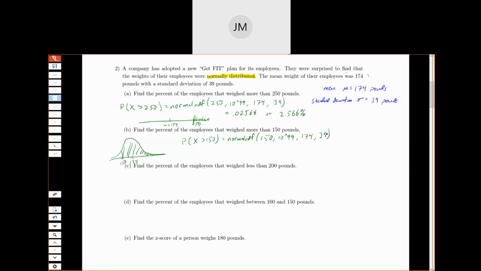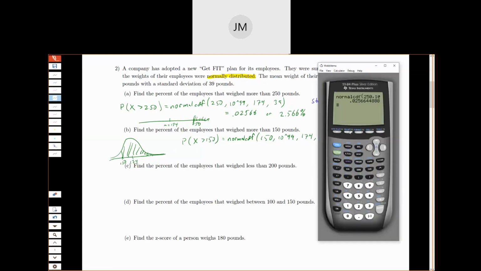On your calculator, if you've already done one problem, it's really easy to type in the next one because it saves the values. So I just have to change that 250 to a 150, paste it on the screen and hit compute. And I get 0.73085.